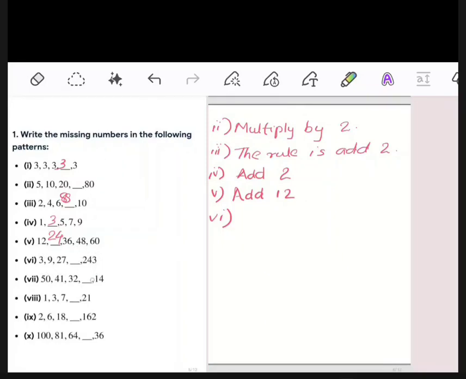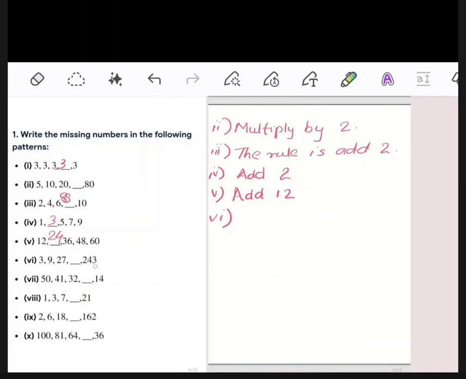Sixth one, 3, 9, 27, dash, 243. See, 3, 9. So the next number is 27. 3 into 3 is 9, 9 into 3 is 27. We can do 27 into 3, just do 27 into 3. The answer we get is 81.